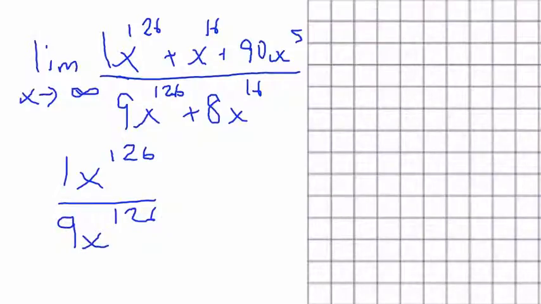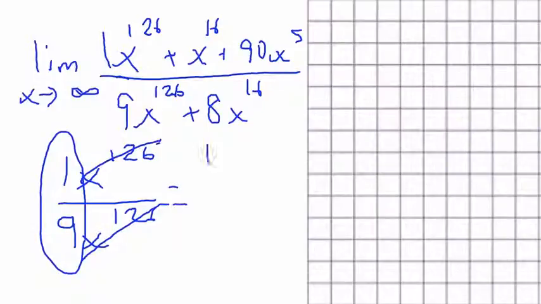So you would not look at the x's, since they both have the same power, and just look at the coefficients. So the coefficients give 1/9, so that's what the limit goes to.